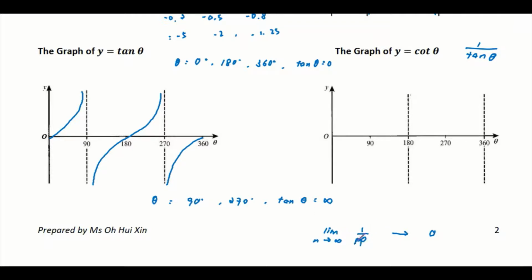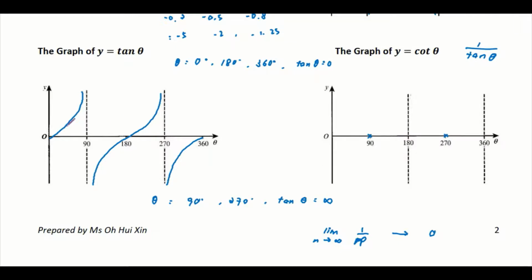So your 1 over n will be approaching 0. That's why for 90 and 270 the value is going to be 0. When you have a number that is infinity and you take the reciprocal of it, you will be getting 0. So that's why your asymptote is here.